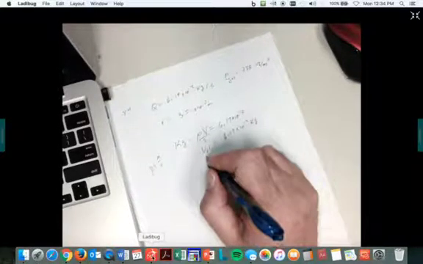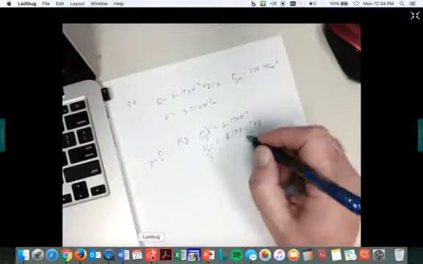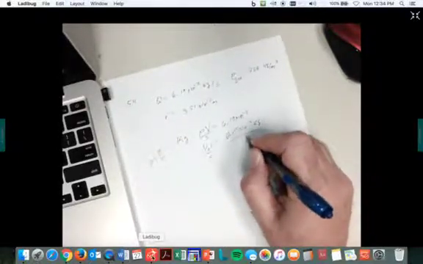So the volume of the gas per second is equal to 6.19 times 10 to the negative 2 divided by the rho of the gas.